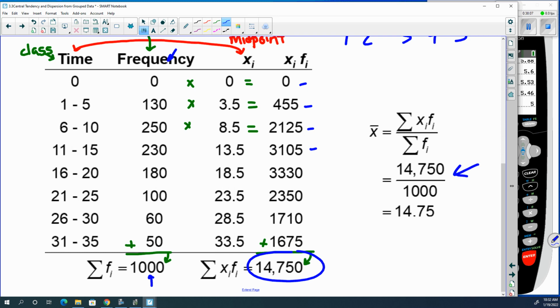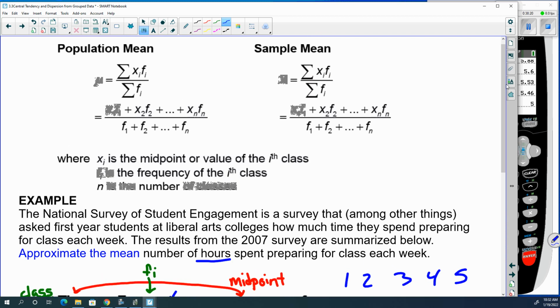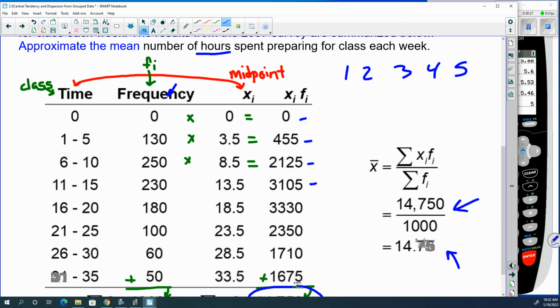Then they divided those two numbers, and they get 14.75 as the weighted mean. Sorry, I said standard deviation, but that's the formula for the weighted mean, okay? But again, you guys aren't actually going to have to do that because I'll show you how to do it in StatCrunch.